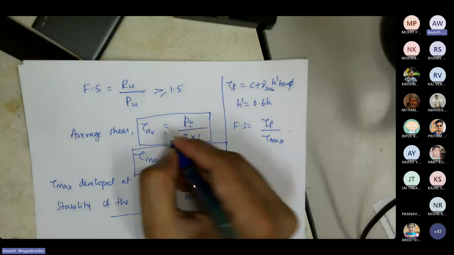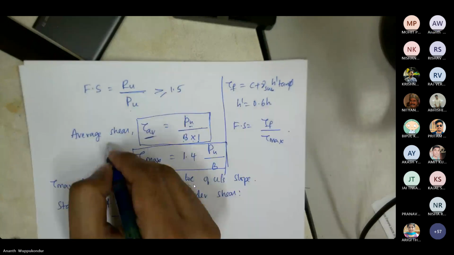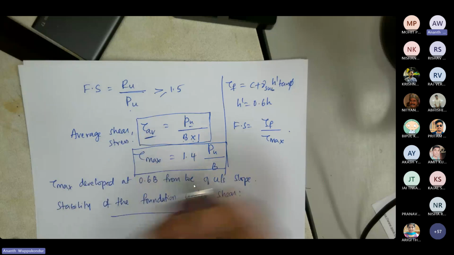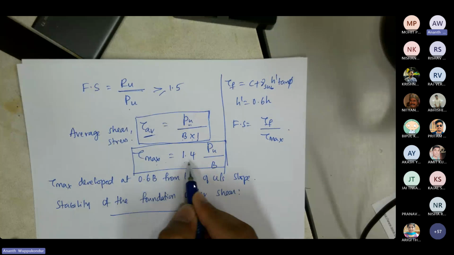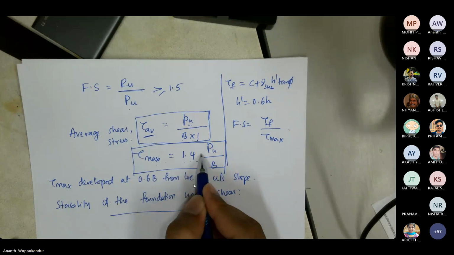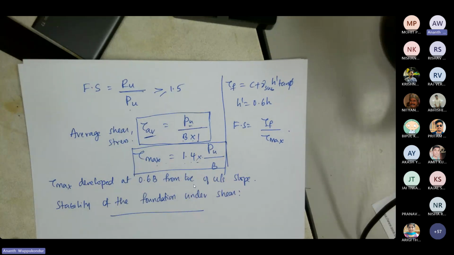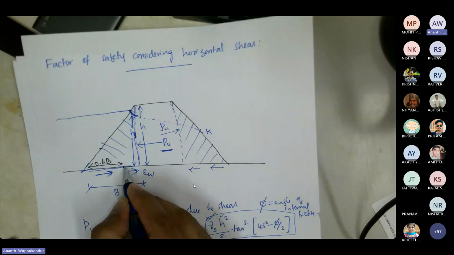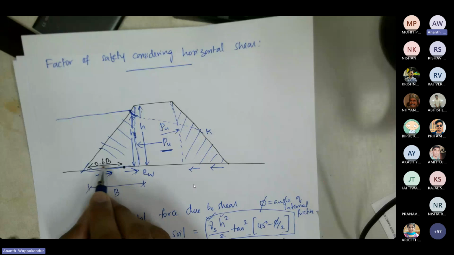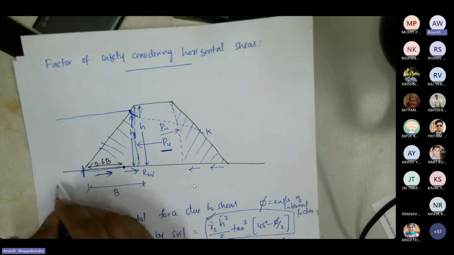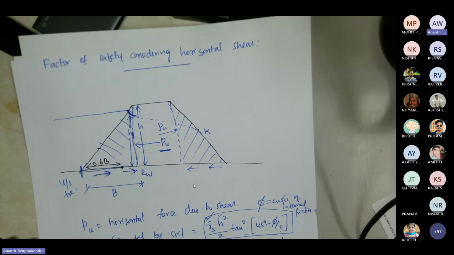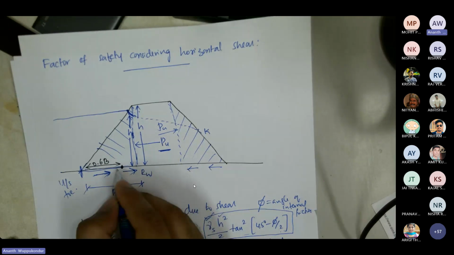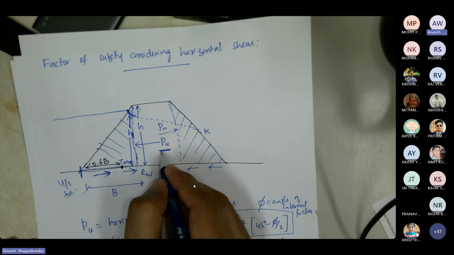So this is the tau or the shear stress because of the horizontal destabilizing force, and the maximum is given by 1.4 times the tau average. And it is assumed that the tau max is going to act at a point which is 0.6 times the width B from the upstream toe. So this is the point where the horizontal shear is going to be maximum because of this force.